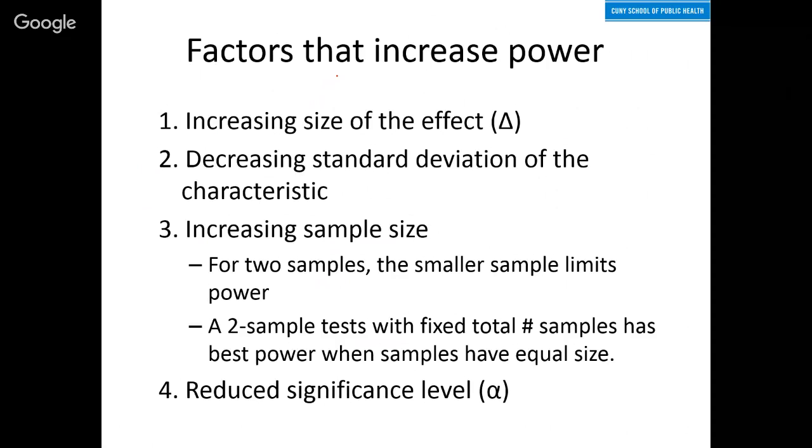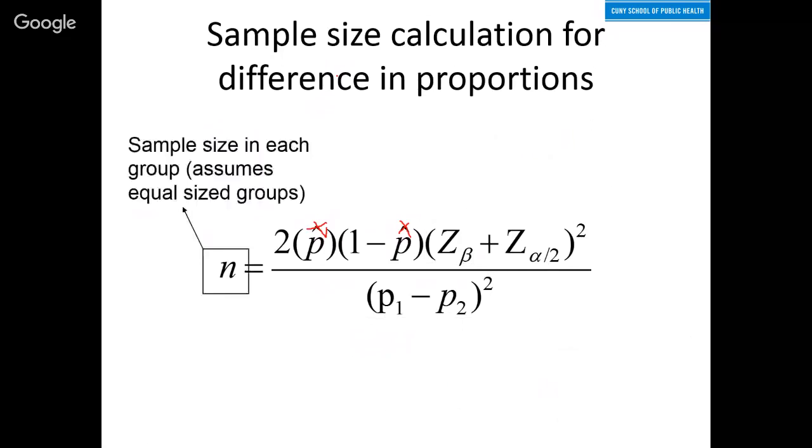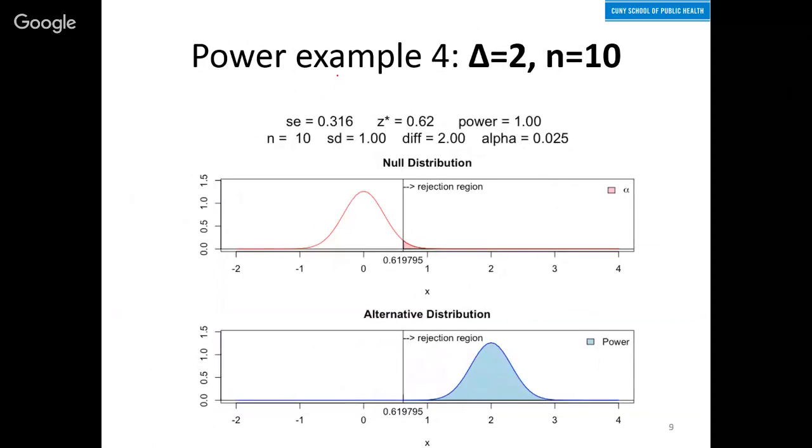I've set up two formulas that are looking at the same points, and I set them equal to each other and calculate the power and the sample size. I think it's a little bit more intuitive.